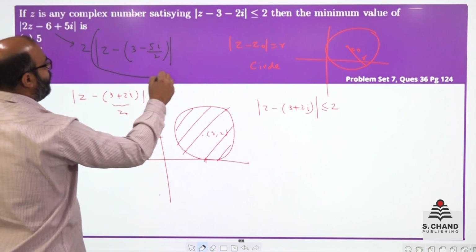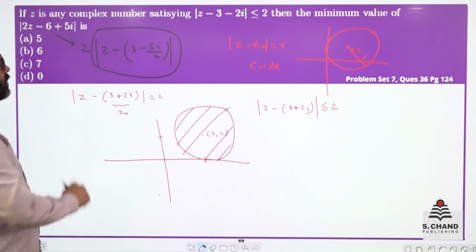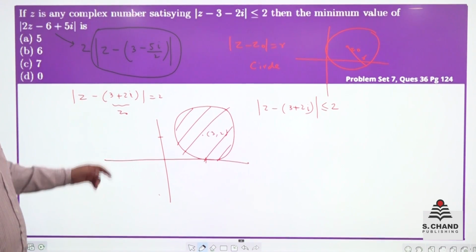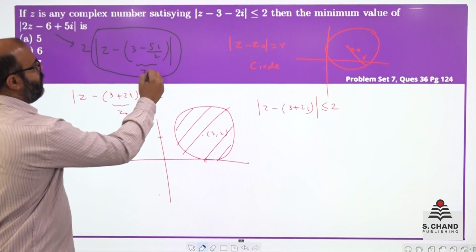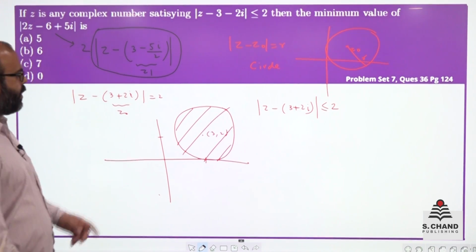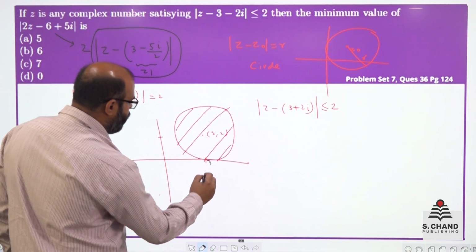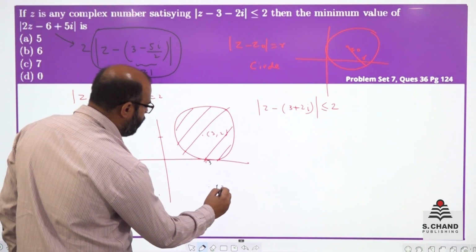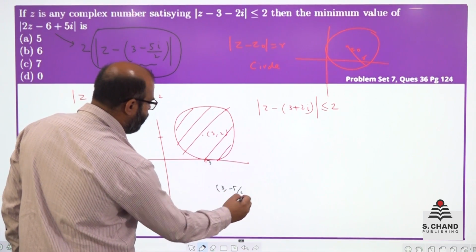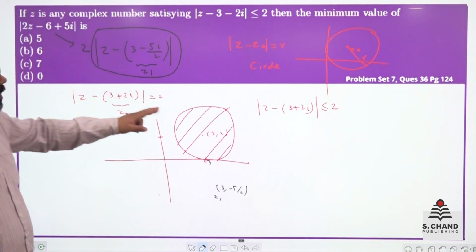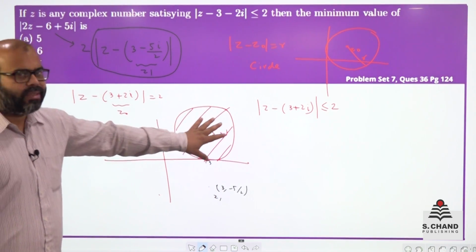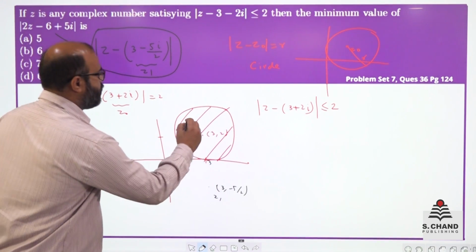So we wanted to make it like this, so that the z coefficient is 1. Now z minus this one is z1. So z1, let us plot 3 comma minus 5 by 2. This will be somewhere here. So this is the point z1, 3 comma minus 5 by 2. Now z is somewhere on or inside this circle. z is in this region.